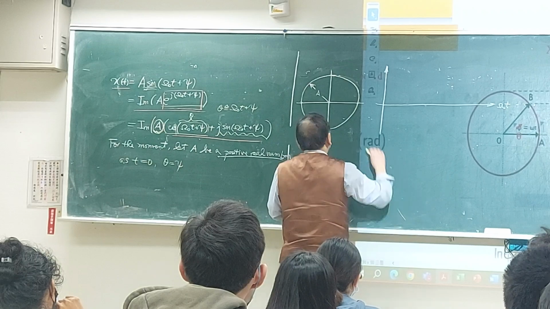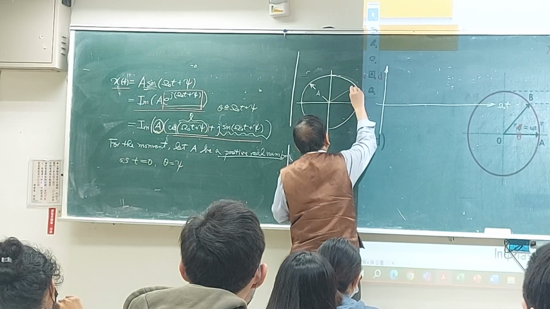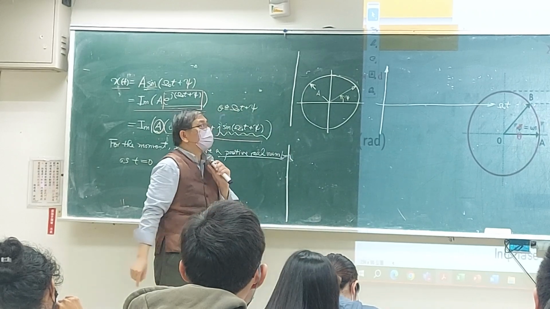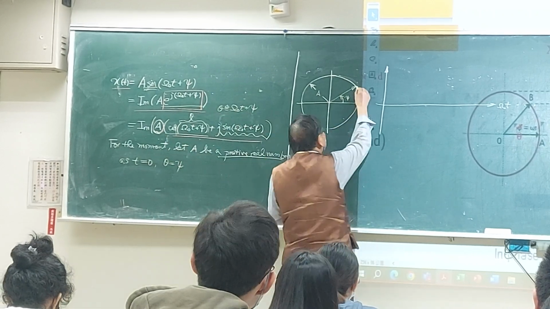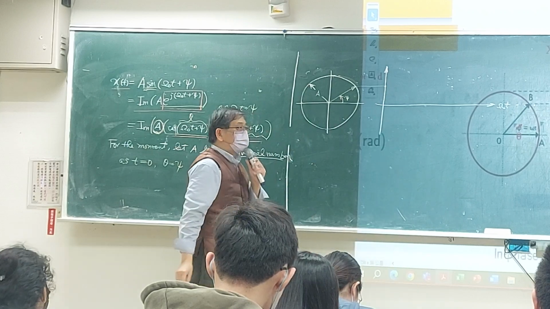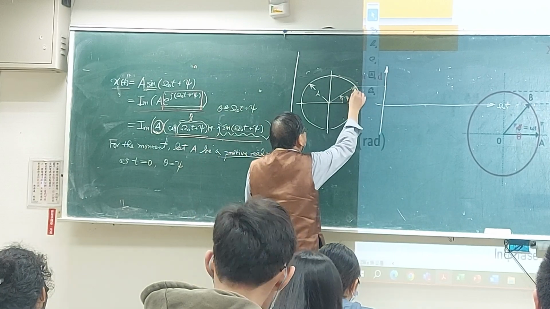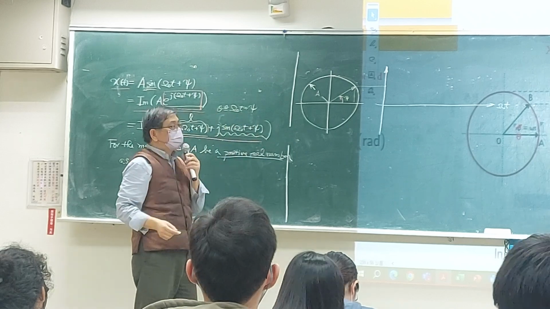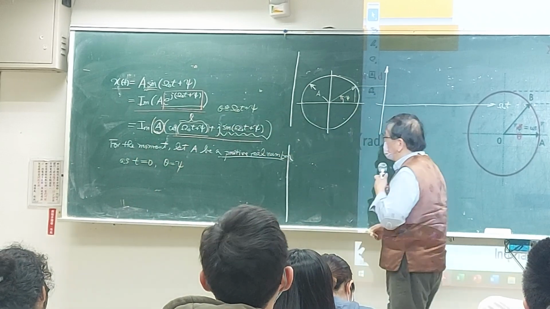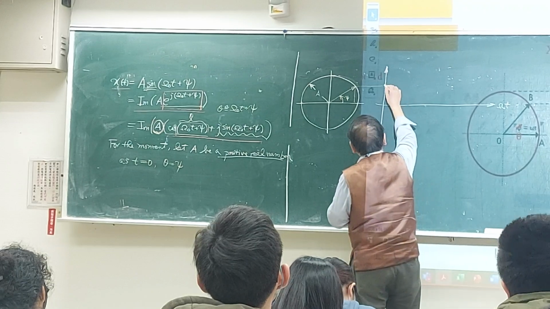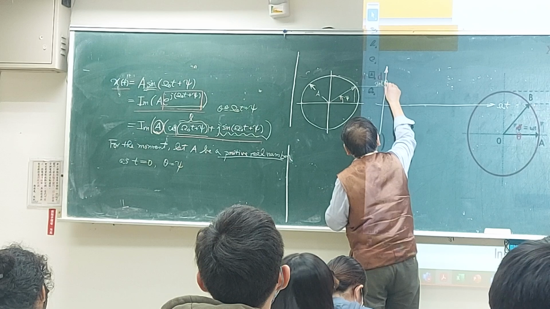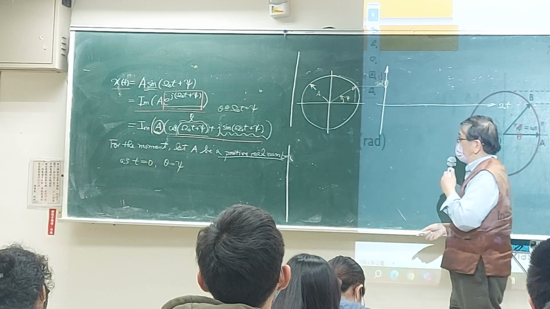Now initially if I stop here, this is psi, so I can map or project this point onto the axis, and this is the sine of psi.